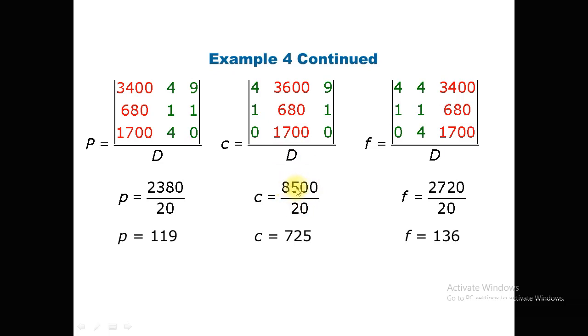So divide 8500 by 20, we obtain 725. Now using any method, the value of this determinant is 2720, and the determinant of the coefficient matrix is 20. So for the value of f, dividing 2720 by 20, we get 136.